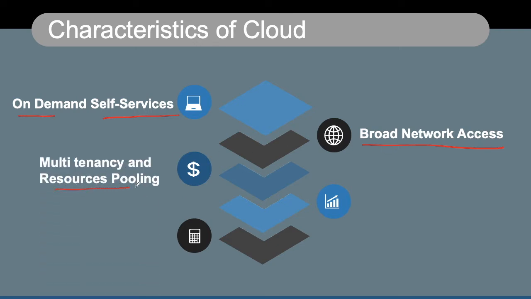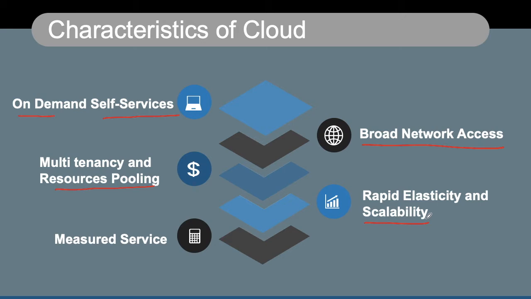Multi-tenancy and resource pooling: these resources are available for multiple people to use and are pooled in from various types of servers and the capabilities of different kinds of hardware. Rapid elasticity and scalability: these resources can be scaled up and down as and when we need, and the services are measured so you pay only for what you use.